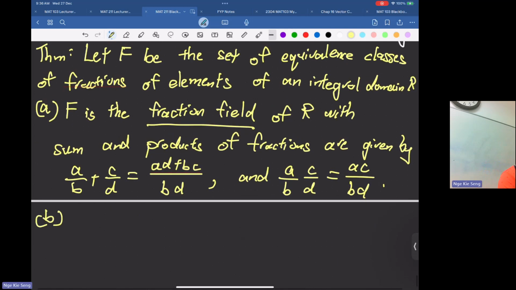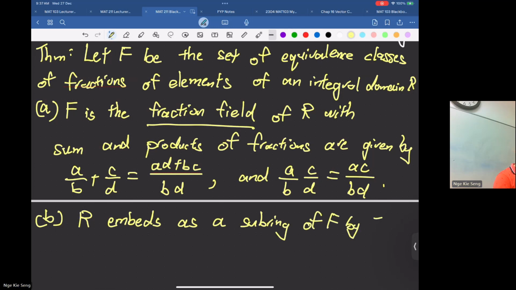And second, you will see that the integral domain can automatically be seen as a subring of the new field we built. What's the rule here? I send A to A over 1. When I first learned rational numbers, did you ever ask how to write 2 in terms of some A over B? Never asked.